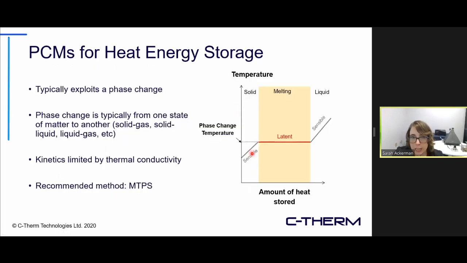These are attractive materials in terms of their ability to store a lot of heat without changing in temperature very much. That can be very attractive when you're looking to maintain the temperature of, for example, a battery or an electrical component within a certain narrow operating temperature range.